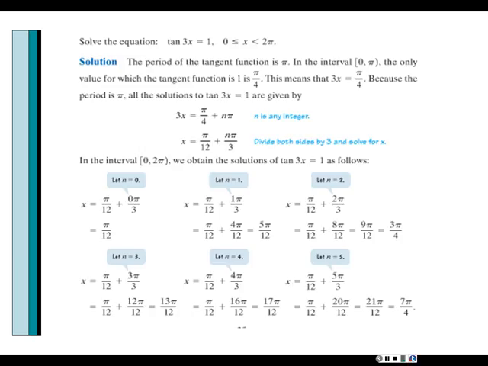If n equals to 1, x is going to be pi by 12 plus pi by 3, right? I just plugged n equals to 1 here. So this is what you get. And then if you add, you will have 5 pi by 12. We can still take it, right? Because this is still lesser than 2 pi. Are you sure? We can take it, right?